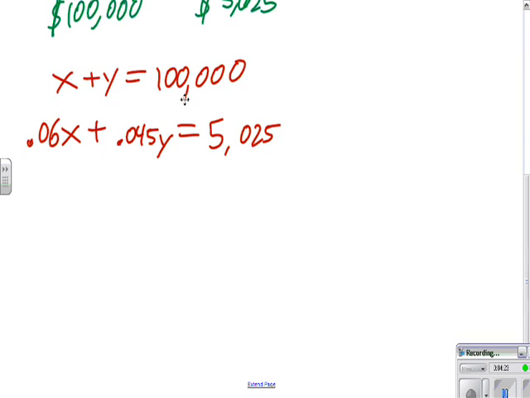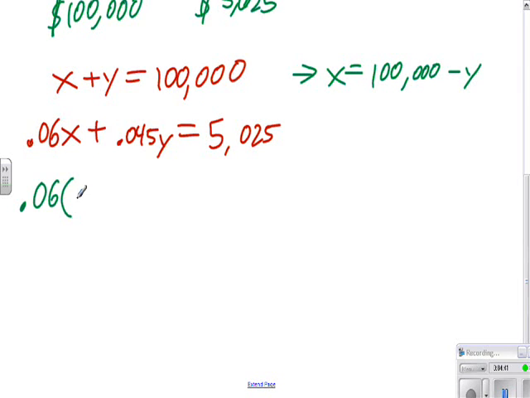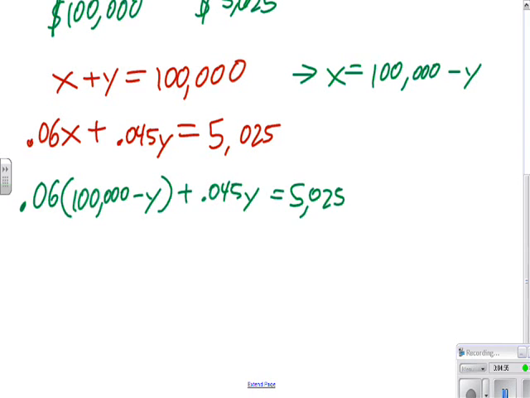So I'm going to choose substitution. Solving this top equation, we get x equals 100,000 minus y. Substitute that into the second equation, so 0.06 times (100,000 minus y) plus 0.045y equals 5,025.